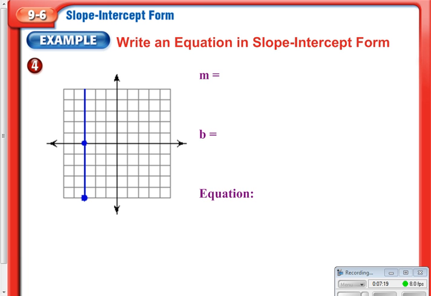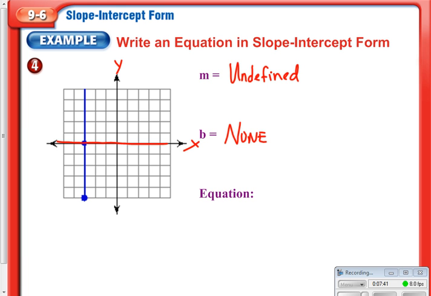Last example, we have a vertical line. As noted on the front, a vertical line has an undefined slope. Can't define it. It's so steep. This does not cross the y-axis here. So the y-intercept is none. The axis it crosses is your x-axis.